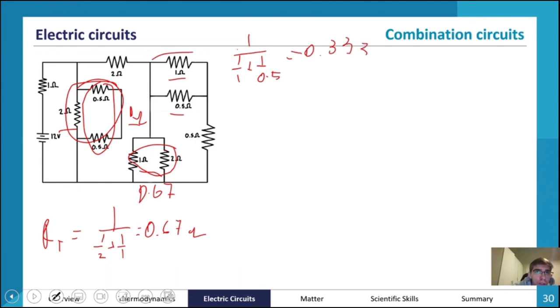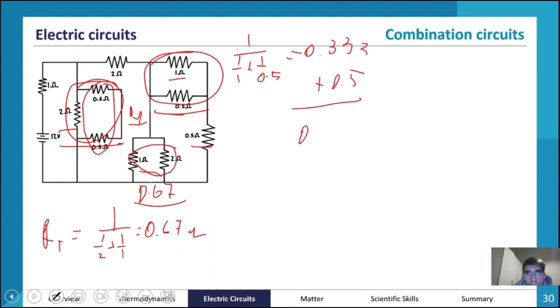So what we're doing here is we're solving all the complicated stuff first. So 0.67, 0.67, this node here, 0.33. Now obviously this 0.33 here and this 0.5 are in series with one another, so that would give us 0.83. 0.83 would be this total segment here, which would be parallel to the 0.67 there.